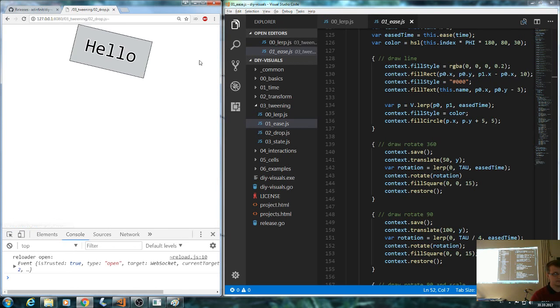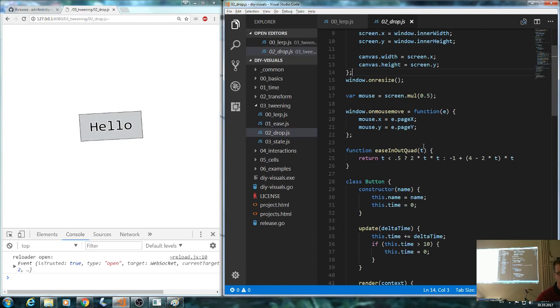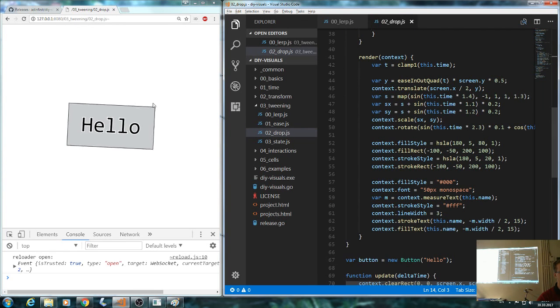So here's a simple example where you would use it. It's a drop down thingy. We have this thing that drops from the top, and we use this ease in out quad to get our Y position there. This is to give it this weight in the movement.